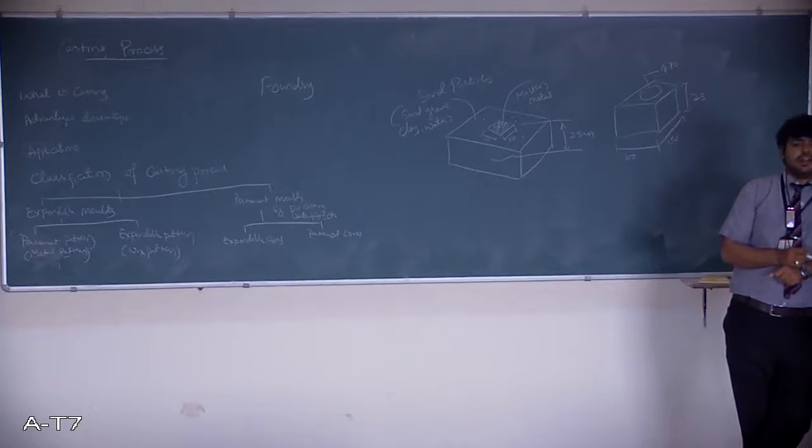Applications. Almost all the raw materials required for other manufacturing processes are manufactured by casting. The automotive parts are also manufactured by casting, especially the big parts that you see in earth movers.